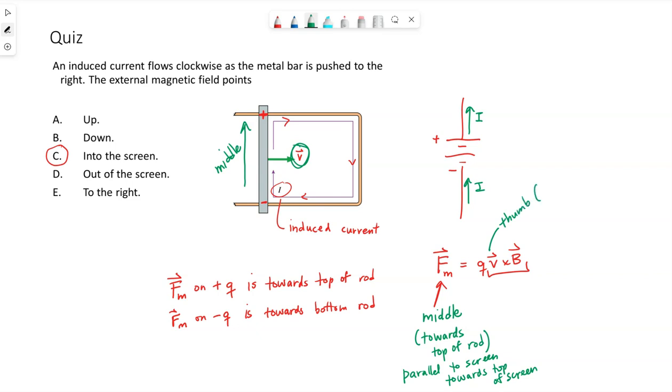So we need to point our thumb towards the right. So if my thumb is pointing to the right, my middle finger is pointing towards the top of the screen, and I'm keeping my hand in the orientation where my thumb, index finger, and middle finger, this is a terrible picture.